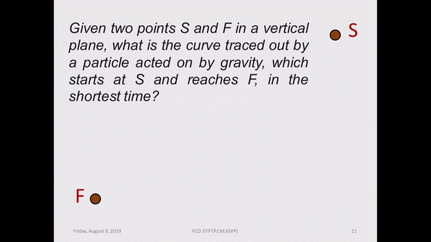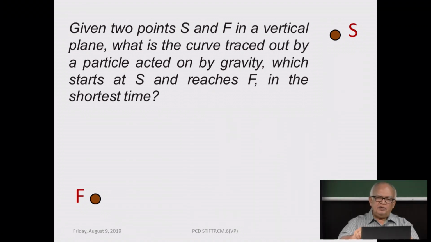to quantum mechanics, right? So we started out with this question that if you have got a point S, which is the start point, and a finish point over here, and you let go of some marble over here, which curve would give you the fastest reach?